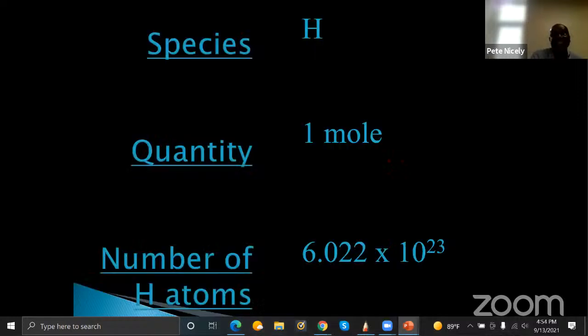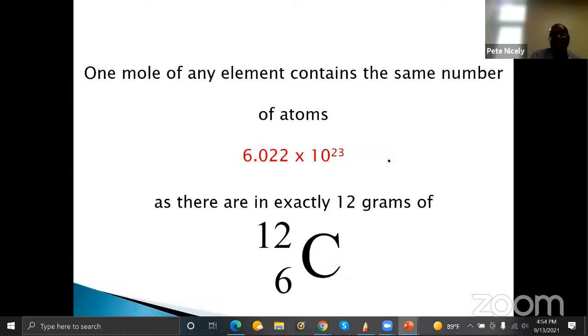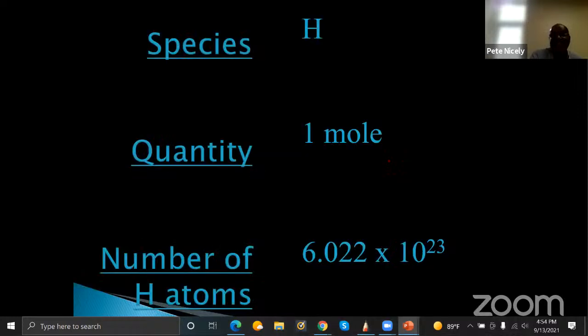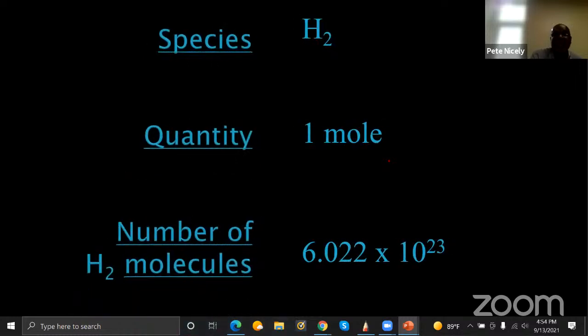The relationship, of course, is established between the moles and the number of atoms for a particular element. That is true for any element, such as hydrogen, where 1 mole of it contains Avogadro's number of atoms, 6.02 times 10 to the 23, or even for a molecule, same thing, 1 mole will contain 6.022 times 10 to the 23 molecules.